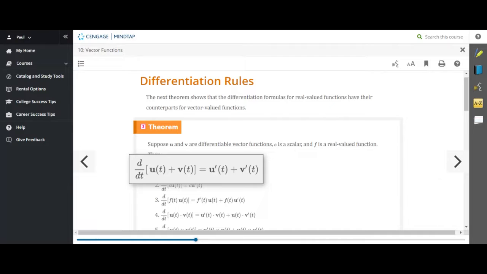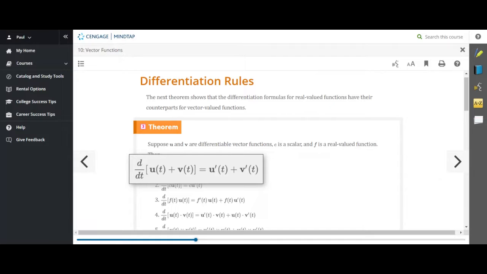The derivative of the sum of two functions is the sum of the derivatives. Well, the derivative of the sum of two vectors is the sum of the derivative vectors. And that makes sense because of the way the components are, right? You're working with components which are functions.